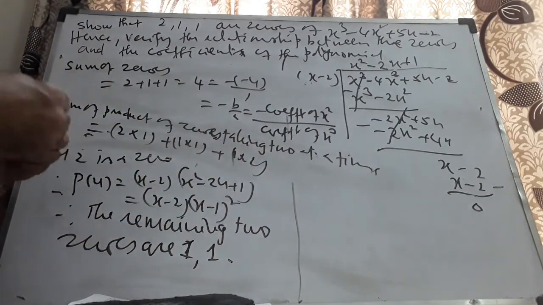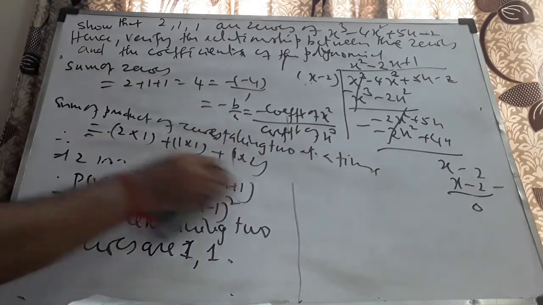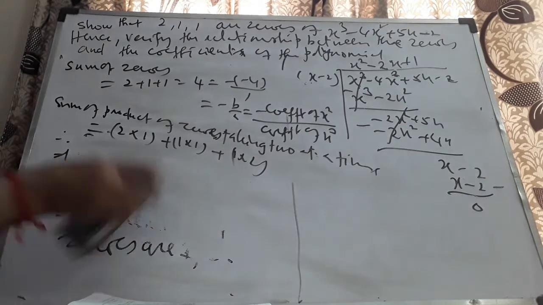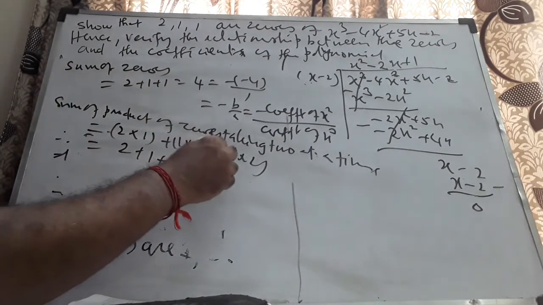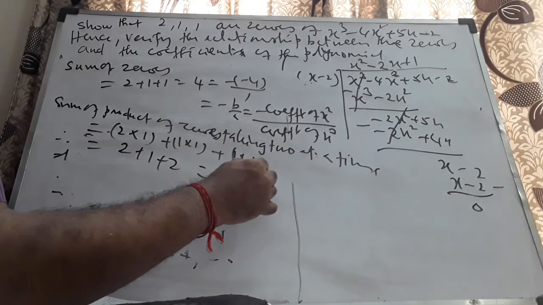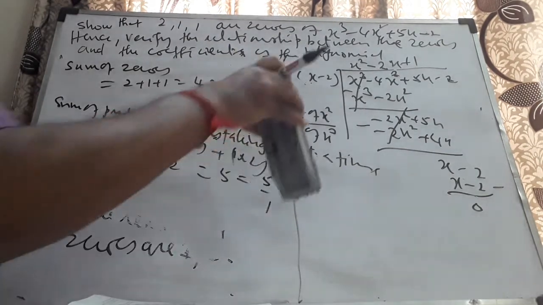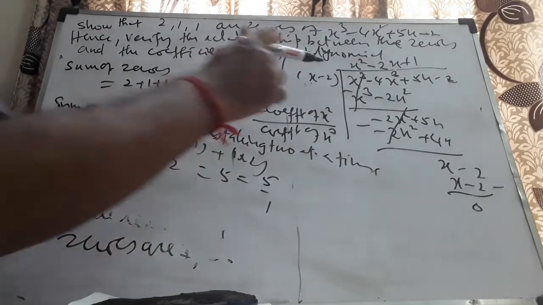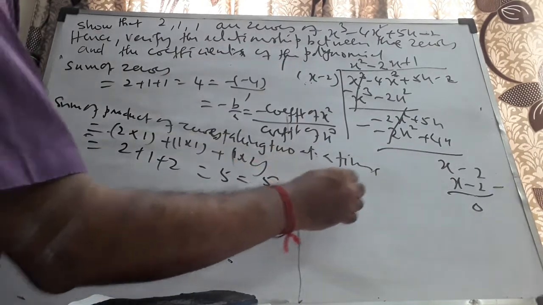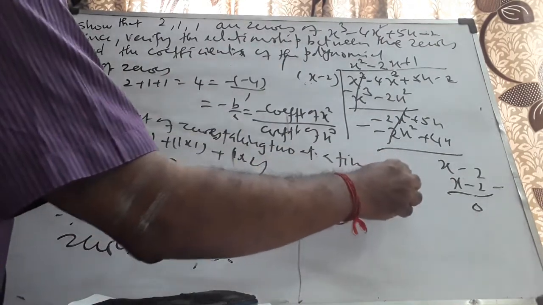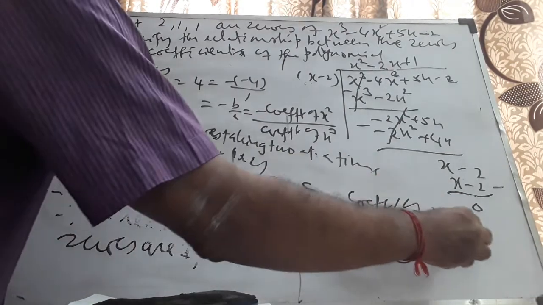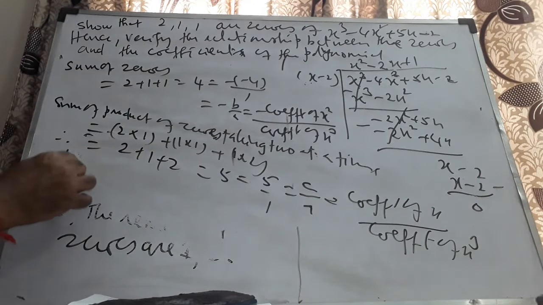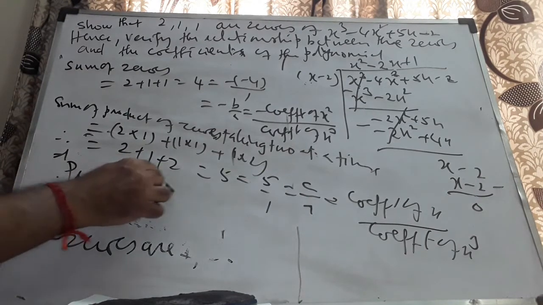It will be reduced to 2 plus 1 plus 2, which is 5 by 1, which is c by a, which is coefficient of x divided by coefficient of x cube.